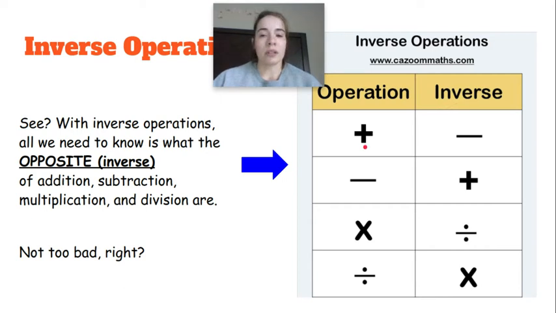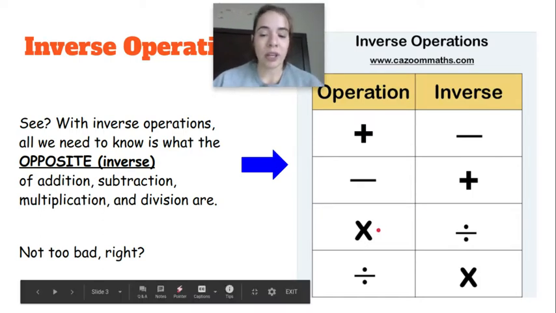What do you notice? It says the inverse or the opposite of addition is subtraction. The inverse of subtraction is addition. It's like addition and subtraction always go together no matter what. The inverse of multiplication is division, and that means the inverse of division is multiplication.